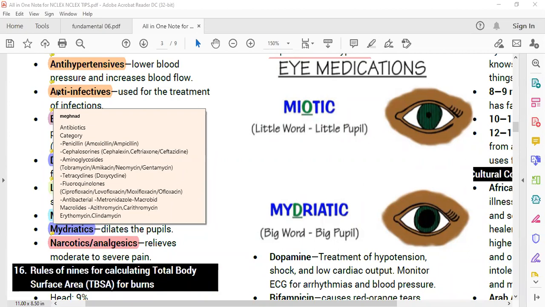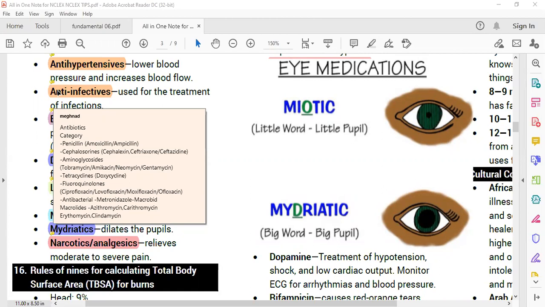So if a patient takes penicillin for the first time, stay with them, just like with a blood transfusion. If the patient develops an allergic reaction because of penicillin, the antidote we use is called epinephrine.